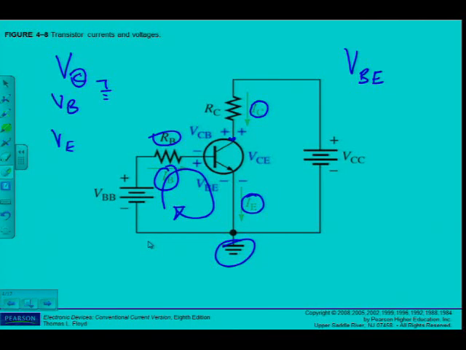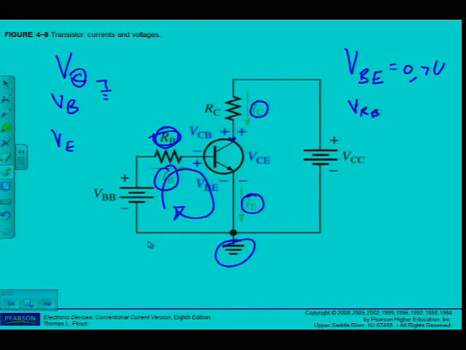Now we've already seen that I have a voltage drop over the base emitter junction of approximately 0.7 volts. But of course I also will have a voltage drop over RB. So I can determine a voltage drop over RB, VRB. How would I determine VRB? Ohm's law again.